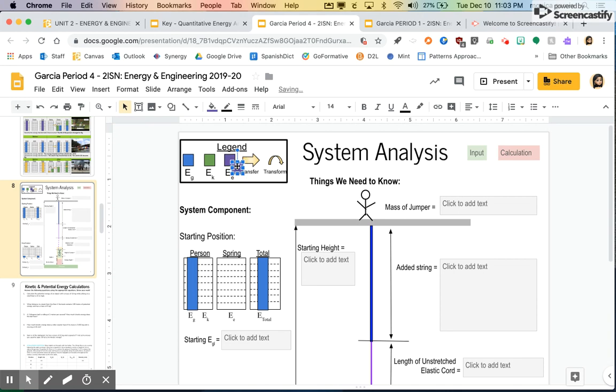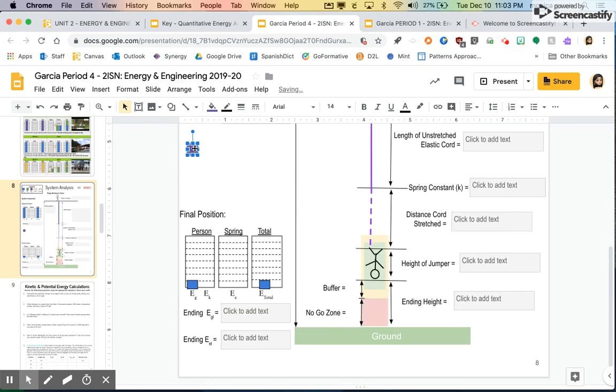I'm going to copy it, bring it down, and place it here. It's not all the way up because we have to account for the gravitational energy that is in the jumper. So the total energy is made up of a little bit of gravitational and mostly elastic.